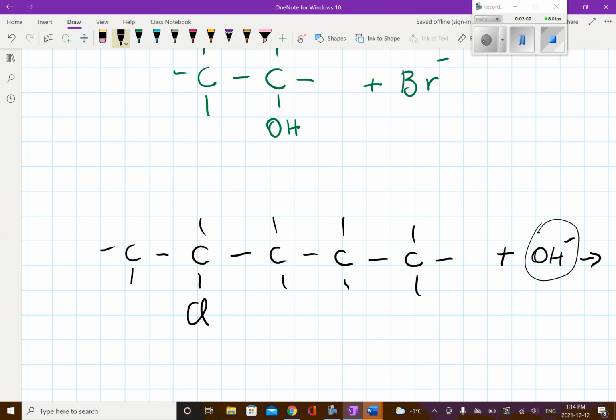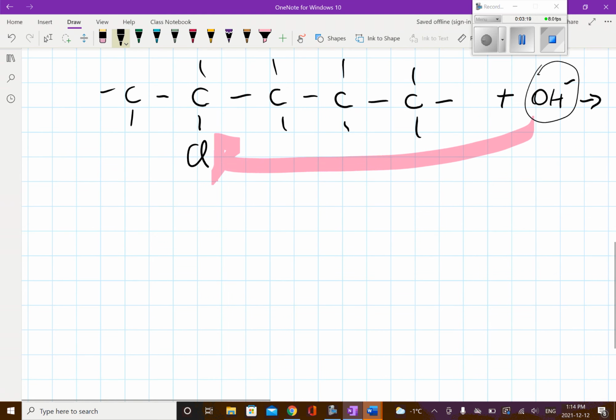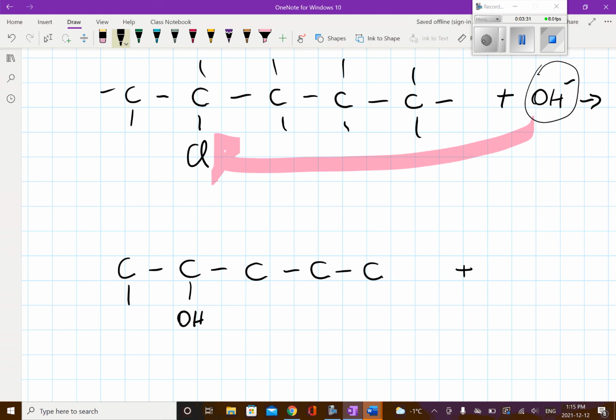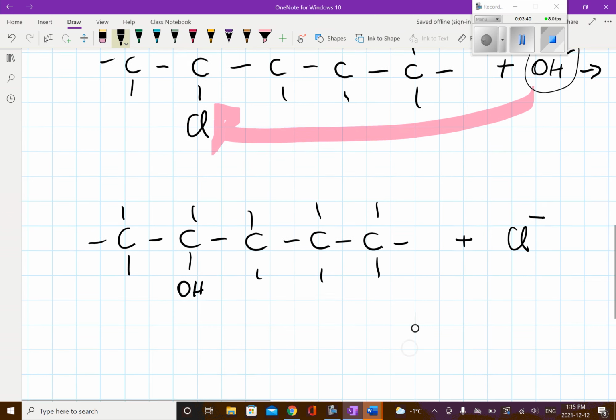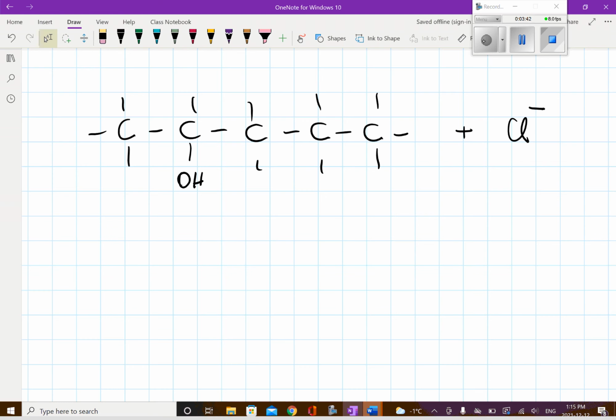This functional group is replacing the halide, and then as the new products that we have here is 1, 2, 3, 4, 5. We'll have two products, and then we will have an alcohol and chloride ion.